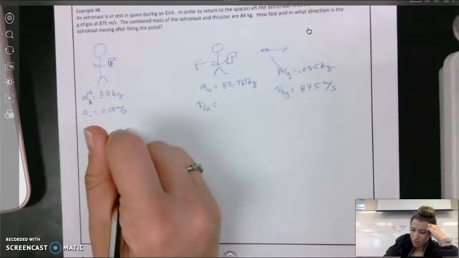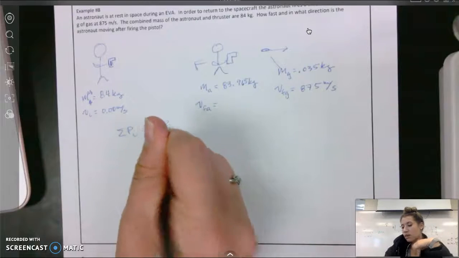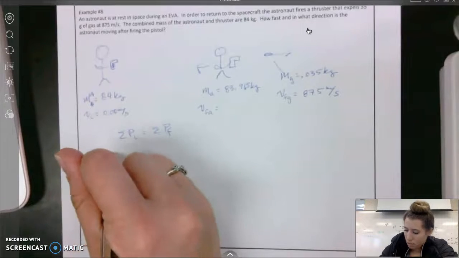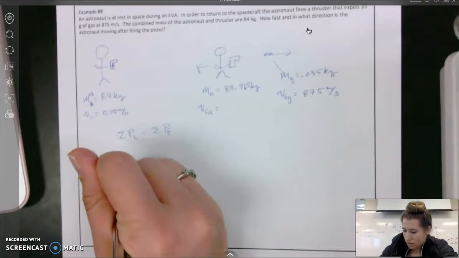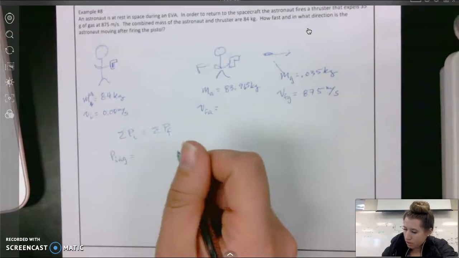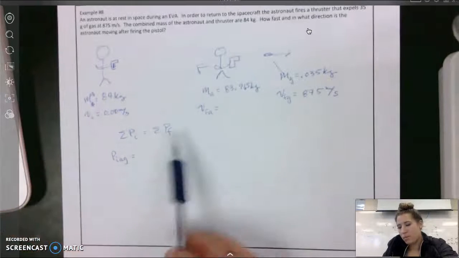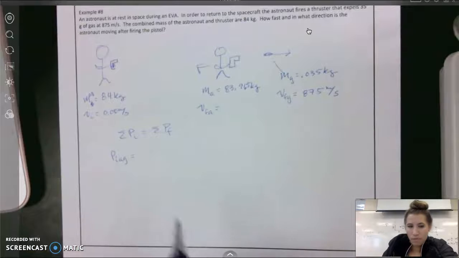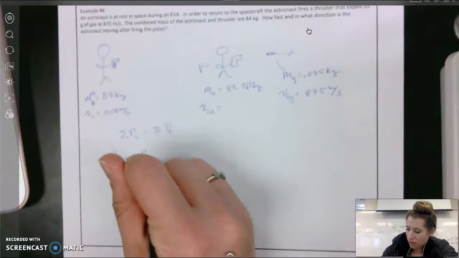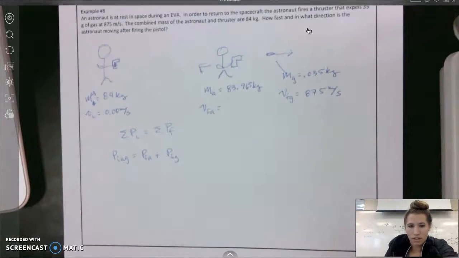The sum of the momentums initial are going to equal the sum of the momentums final. And initially we just have one object. We have momentum initial of this astronaut and gas object all together. And that's going to equal the final. This is an explosion where we started with as one object and we broke up into two or more. Okay? So then the momentum final, well, we have two objects, so that'd be the momentum final of the astronaut plus the momentum final of the gas.